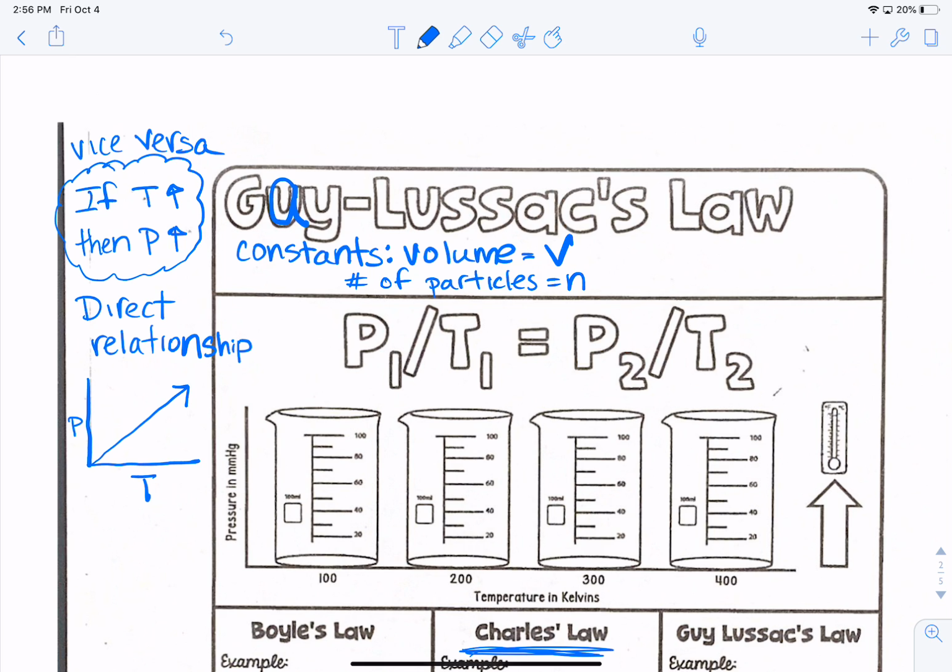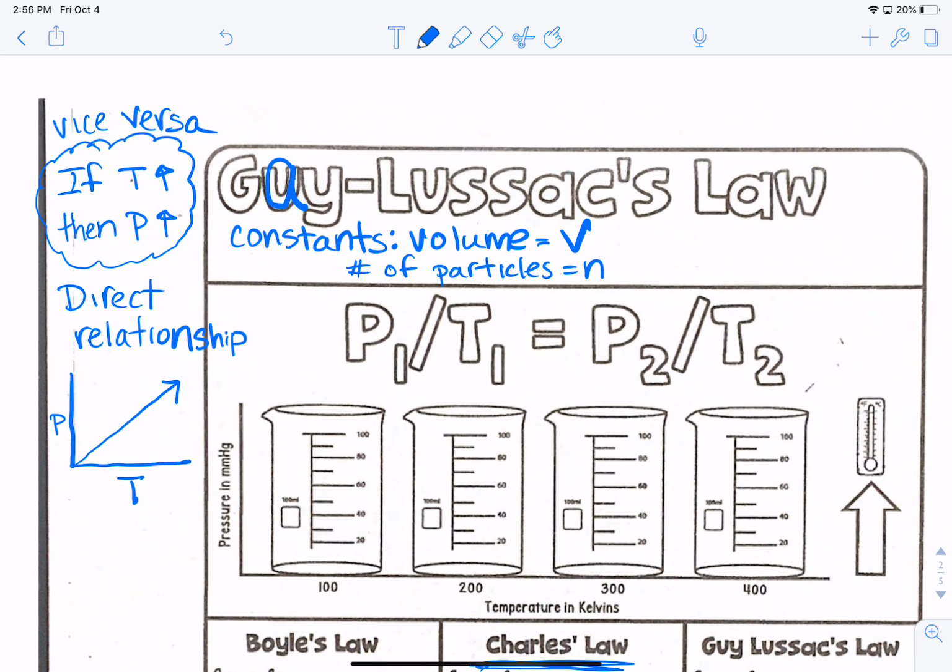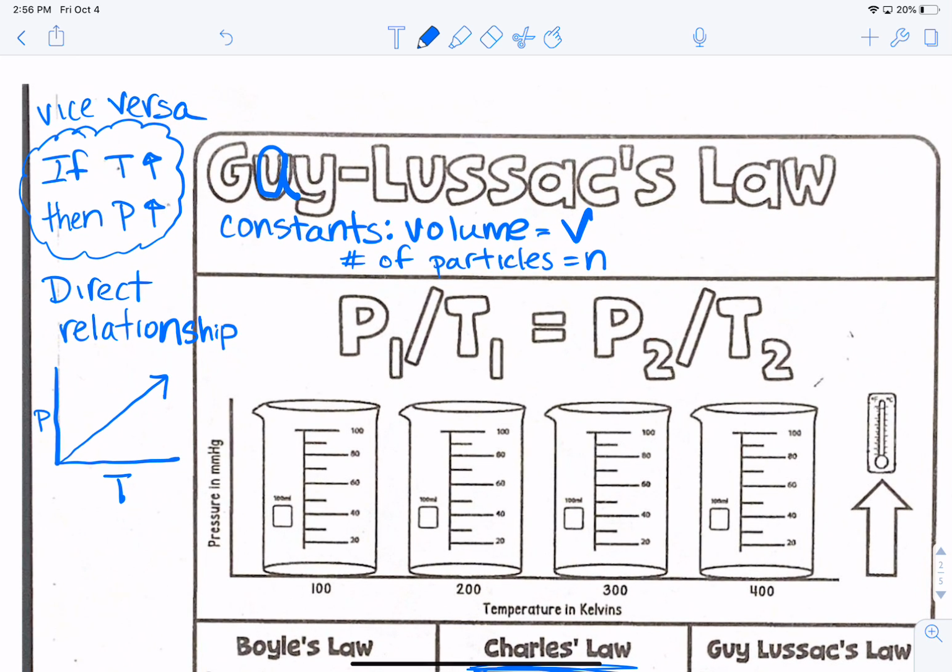So now let's do our little picture of the beakers. What's going on with the temperature? It's going from 100 to 200 to 300 to 400, right? It's doubling, it's tripling, it's quadrupling. So if this is our temperature, and let's pretend our pressure, which by the way, it's kind of weird that this is a picture of a beaker because it's a measurement of pressure, but we're just going to roll with it. So the pressure one would in fact be 20 millimeters mercury.